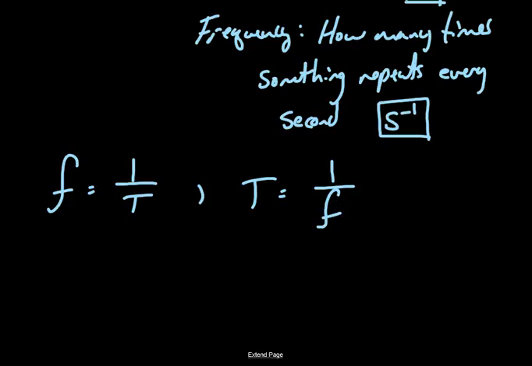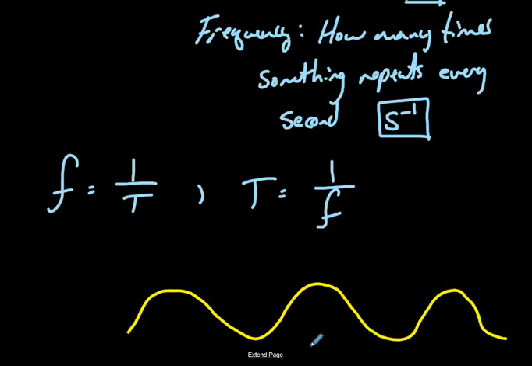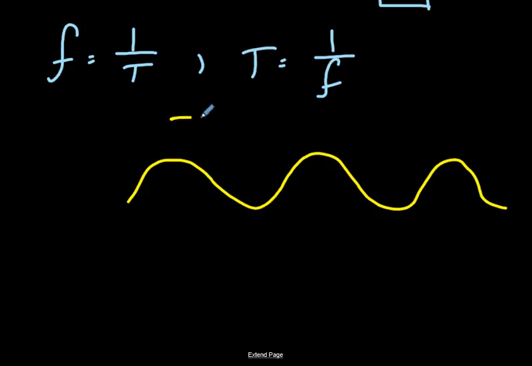In terms of waves, if we draw ourselves a little wave here, as that wave moves along, the time it takes for a particle in the wave to move up, down, and then back up, say, only looking at this spot on the wave, is equal to the period.